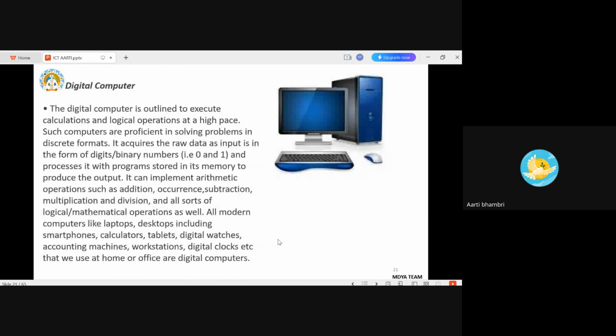Now, the digital computer. A digital computer is designed to execute calculations. Yes, our PC is also an example of the digital computer. In an analog computer, we don't do the calculations. But in a digital computer, we do the calculations and logical operations at a high pace, because there is an ALU, a unit we will learn about: the arithmetic and logic unit.